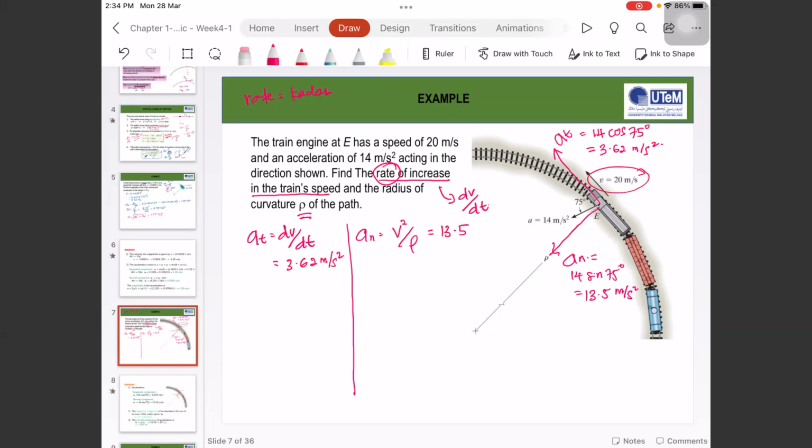Just put in 20 squared over rho equals 13.5. So rho is equal to 29.6 meters. Okay. Can?